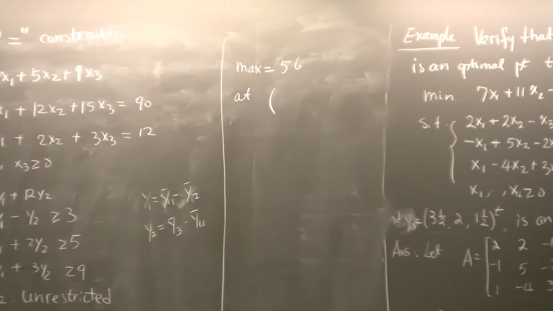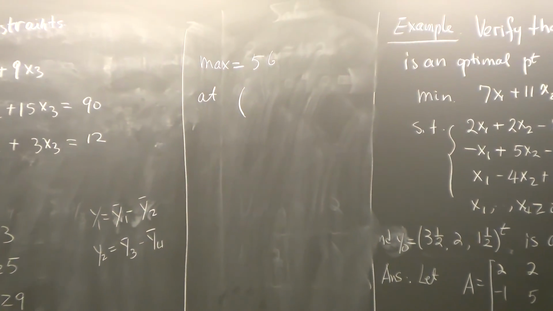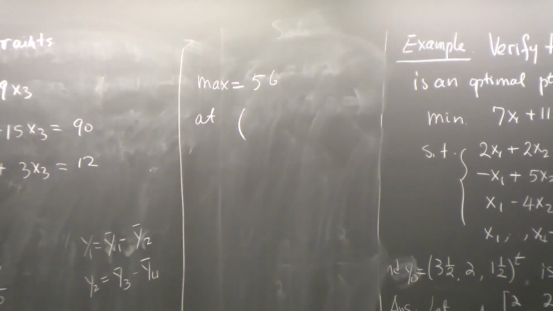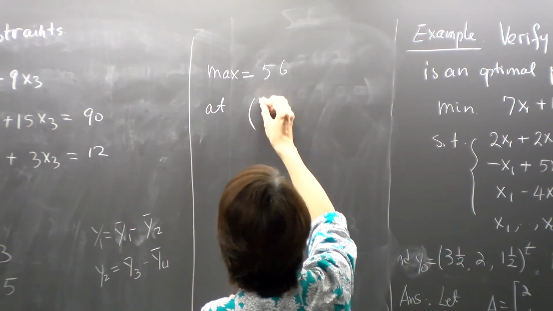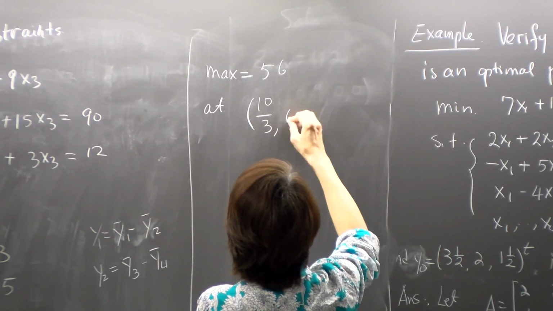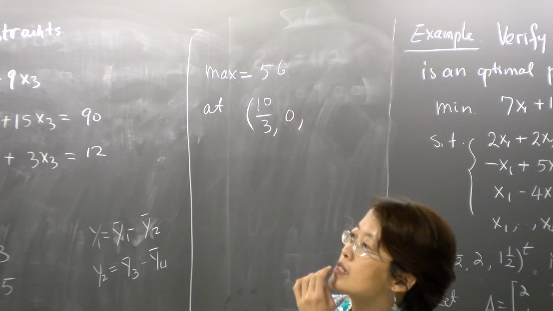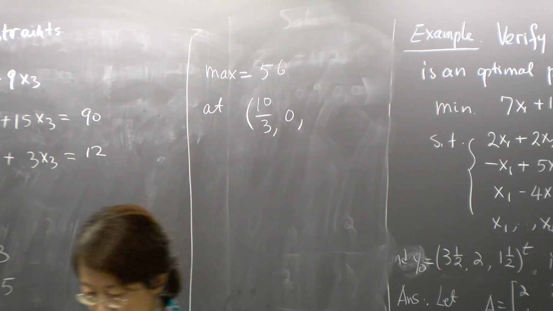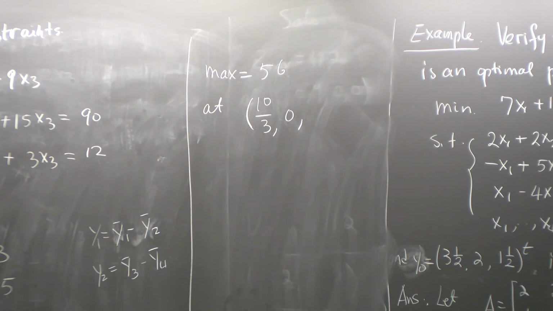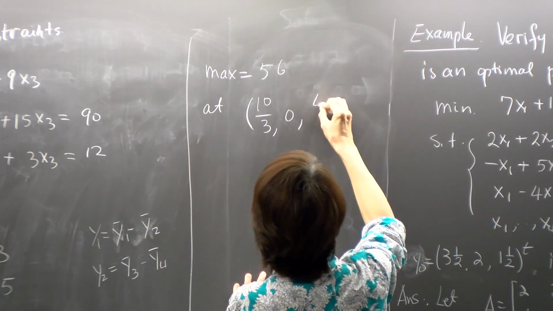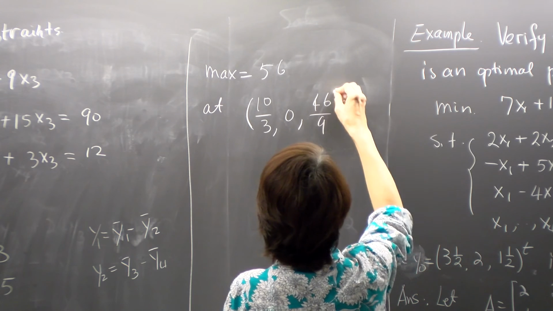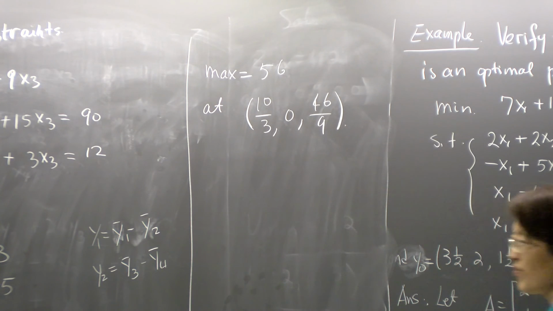See, x1, I have it, and x3, I have it. So 10 over 3, and x2, 0, and x3 is 40 what over 9? What is it? 46 over 9. Okay. And that is nice and easy, right?